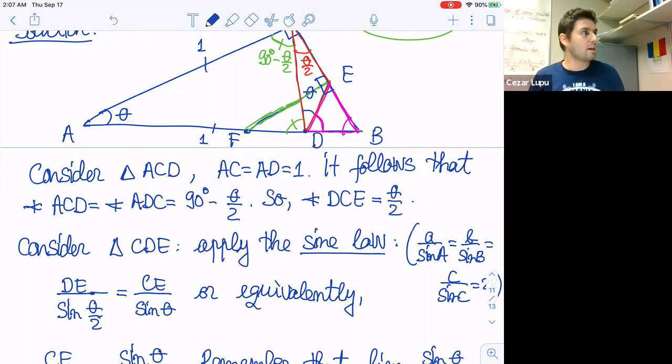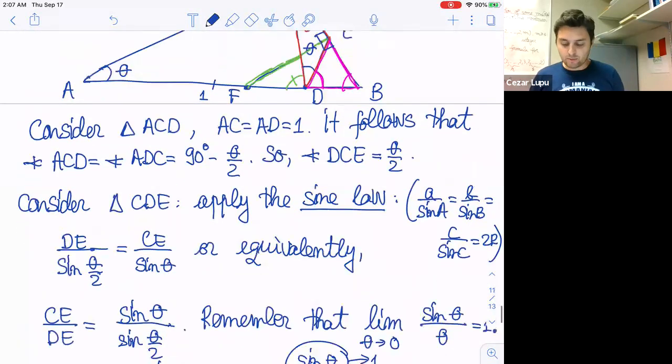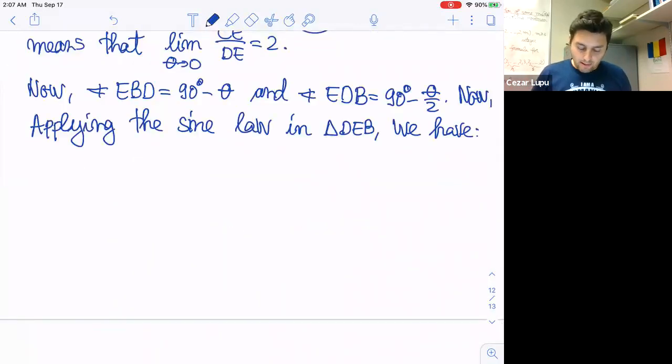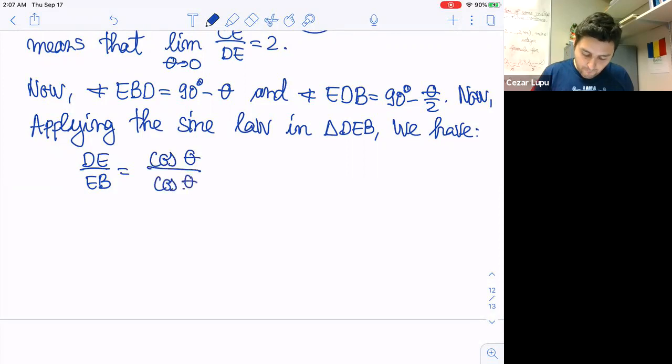Sine of 90 degrees minus an angle gives you cosine, so I'm just going to write it directly. We will get DE over EB equals cosine of theta over cosine of theta over 2. So we get this ratio.